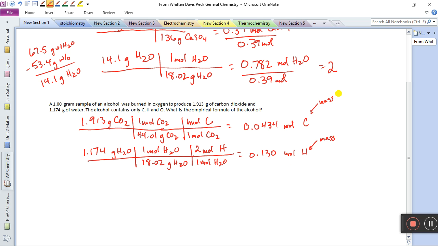So can I get these folks to find me the mass of 0.0434 moles of carbon, and folks over there find me the mass of 0.130 moles of hydrogen? Yeah, this closest to me is carbon. Farthest from me is hydrogen.